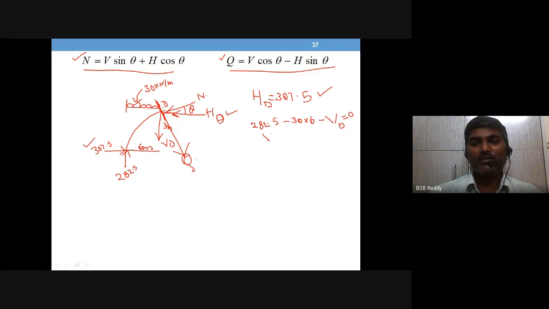Right, what is VD value now? It is 180. So VD you are taking to the right, it becomes positive. So 282.5 minus 30 into 6, so 180. So 282.5 minus 180 is simply... let me erase that.